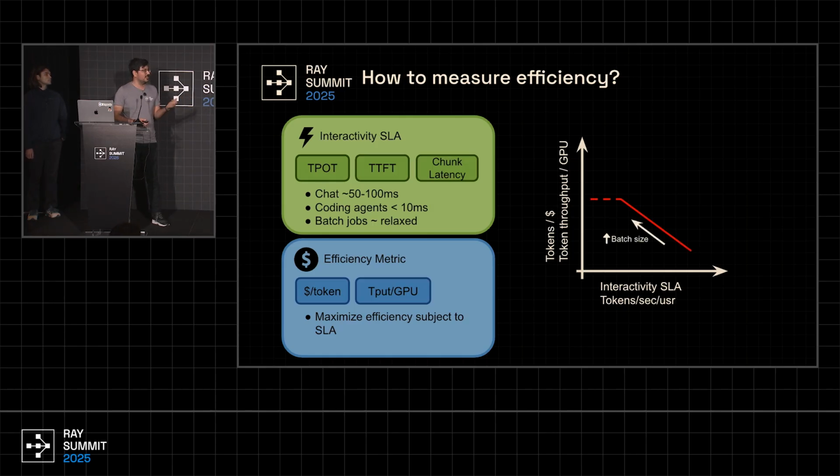As you increase batch size, you're sacrificing a little bit of SLA, and in return, you gain throughput. But after some point, increasing batch size doesn't necessarily mean getting more throughput, so it saturates. What we want is a serving system that pushes this curve up and to the right, and we want to see how we can achieve that.